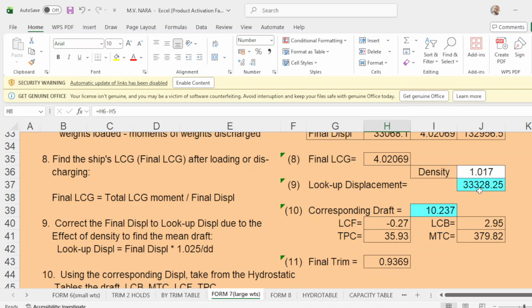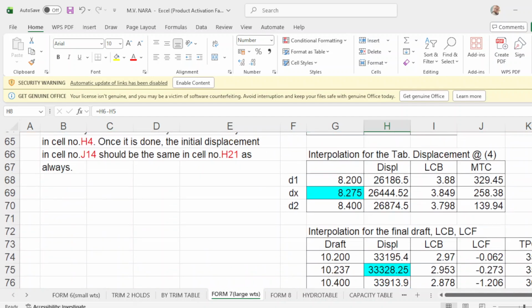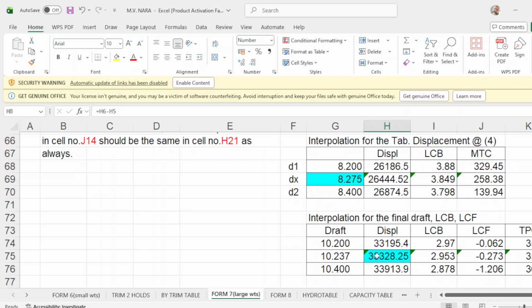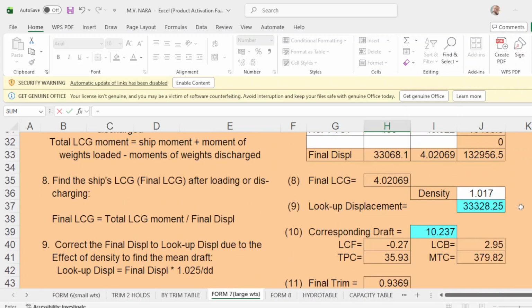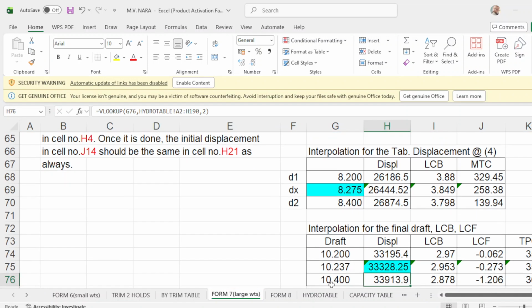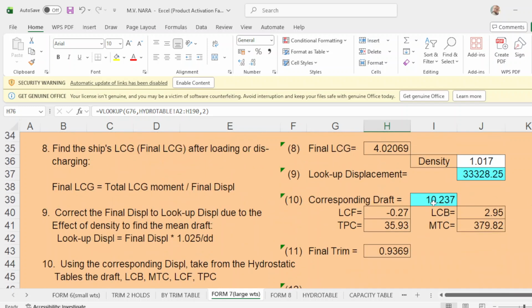So with this displacement, you can put it here. So we put here equals, then you click this displacement, then it will go here. Your corresponding drop will be 10.237, which is this one.